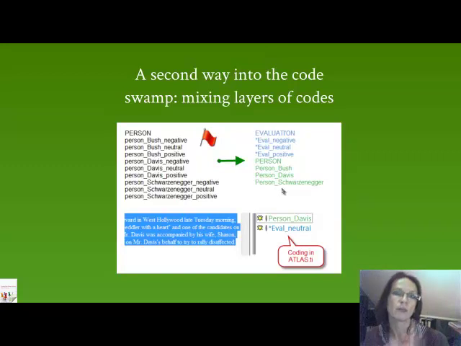If it's a different layer of code, then keep it separate in different codes. And that's because we have software. Because now, if we code like that, we have one coded segment here, but we have two codes attached, the person David's and a neutral evaluation. And we may have a third aspect, if there's a third aspect within it.